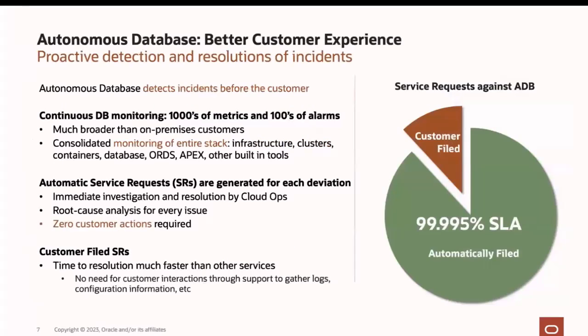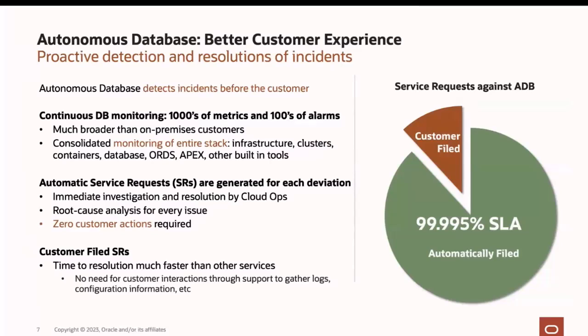So I mentioned Oracle Ops working behind the curtains on behalf of our customers. We are bringing all our expertise and machine learning technology to do consolidated monitoring for the customer of the entire database stack, from the Exadata machine to the database instance. So automatic SRs are generated for deviations, and this includes root cause analysis for every issue.